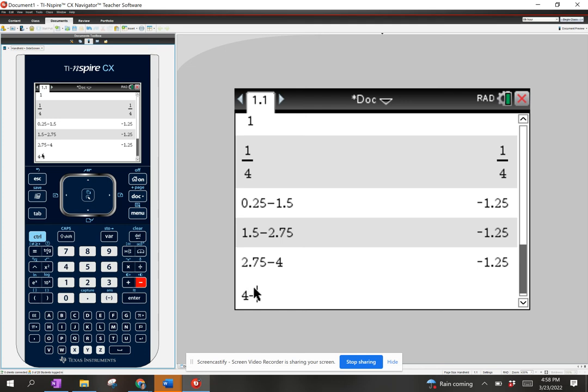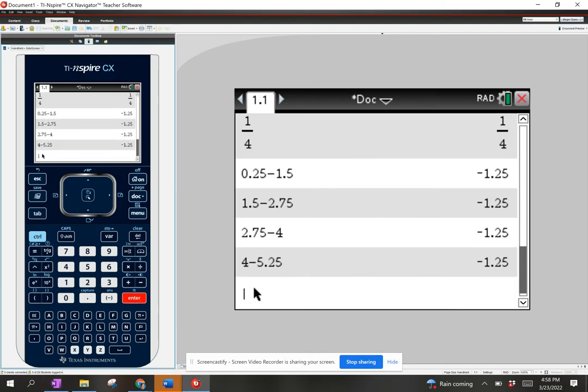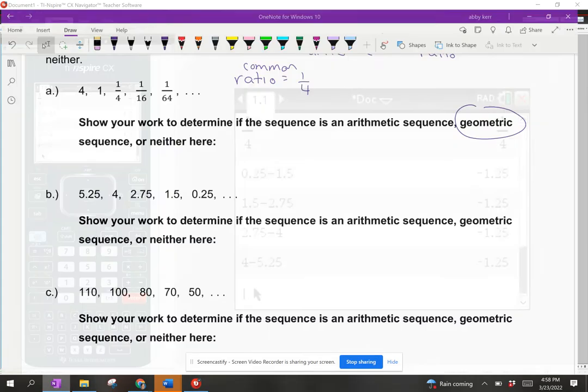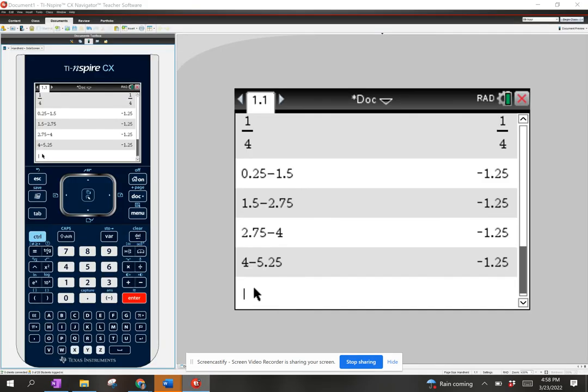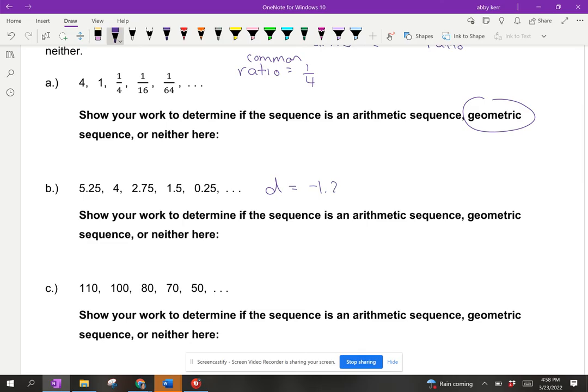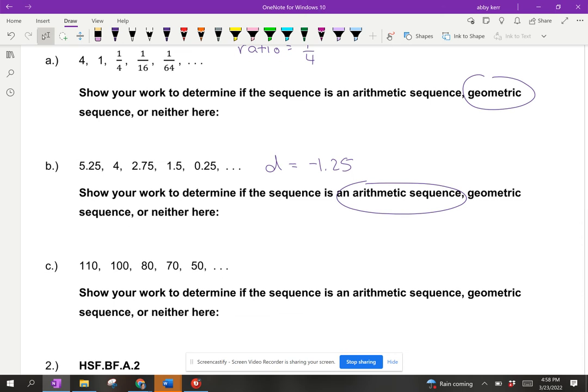And then 4 minus 5.25. So then it's common difference. The difference is negative 1.25. So then this is the arithmetic. You're going to have to write a sentence on the test, but that's basically how you do it.